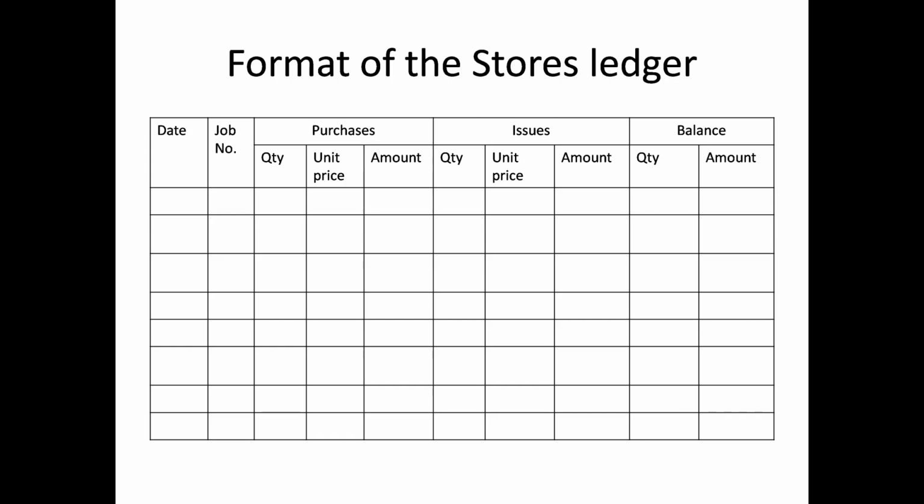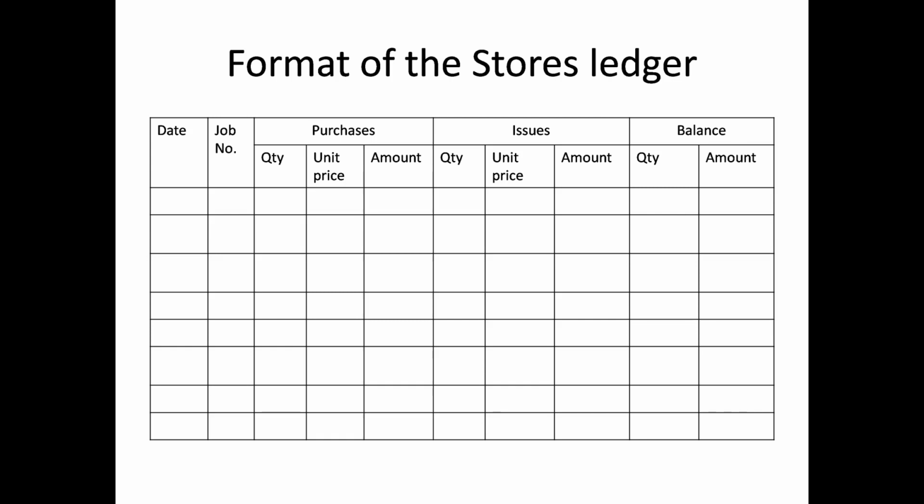So the second column is for the job number. Now then, the main three parts of the stores ledger: purchases, issues, and the balance. Purchases, you have three columns: quantity, unit price, amount. Amount equals quantity multiplied by unit price.